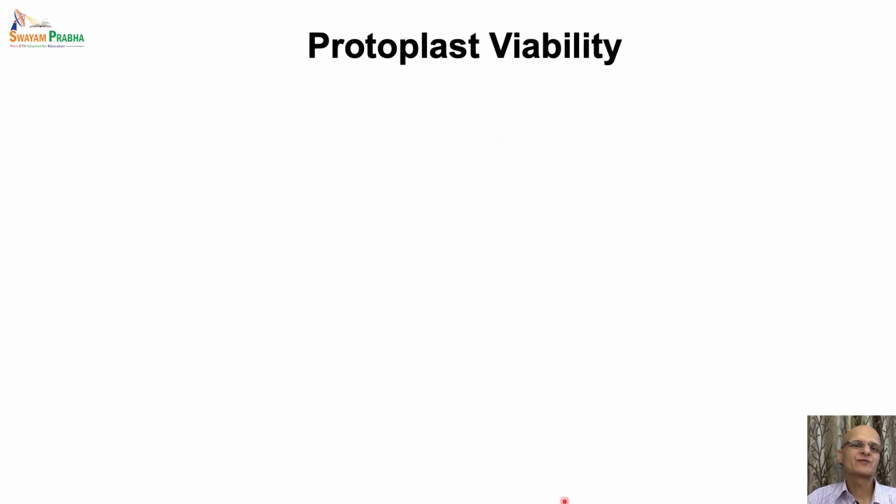Next is protoplast viability. Once the protoplasts are isolated, in order to use them for further applications, they should be intact, healthy, and viable. Only the viable protoplasts would be able to divide and regenerate. Therefore, it is very important to test the protoplast viability.